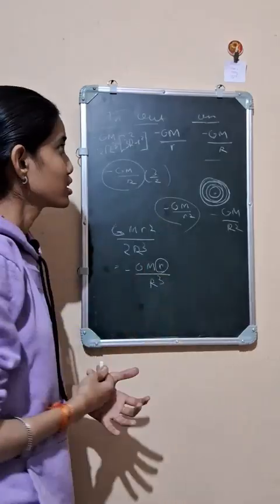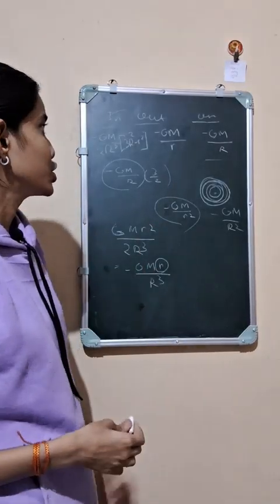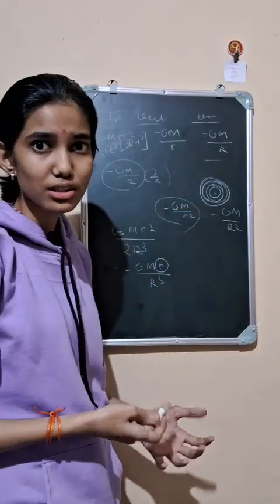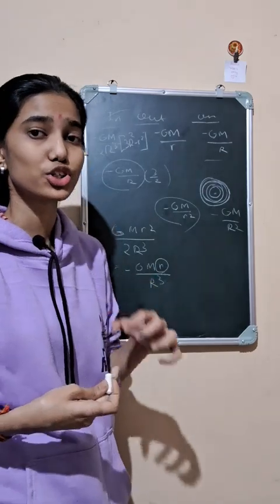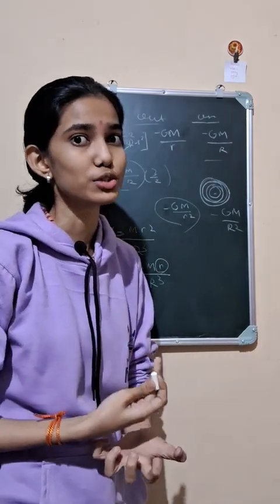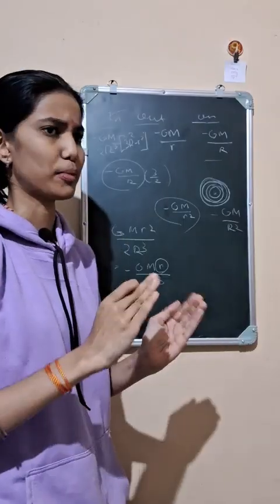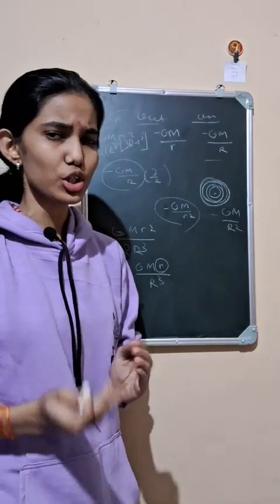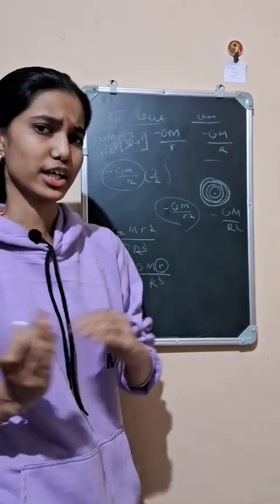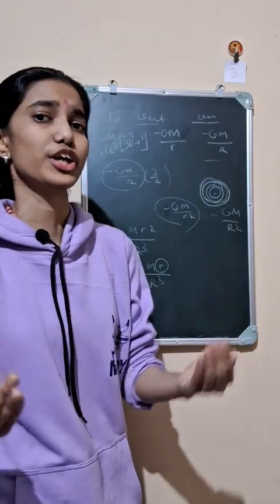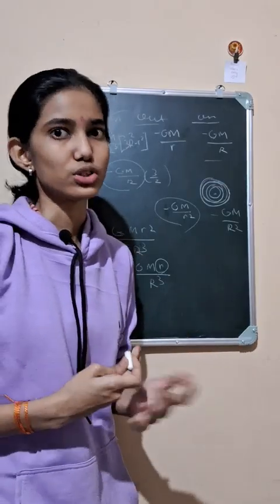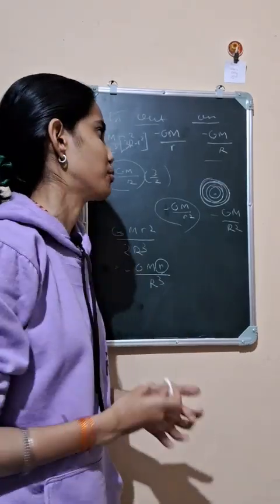You can calculate potential energy by multiplying mass with this, and if you are able to get potential energy, you can also get force, because force is the negative gradient of potential energy. Multiplying potential with mass, you will get potential energy, and taking the negative gradient of potential energy, you will get force. You can do it yourself. This is homework for you.